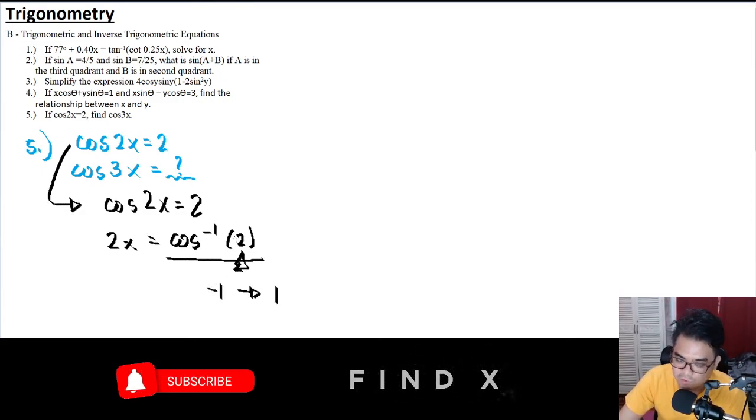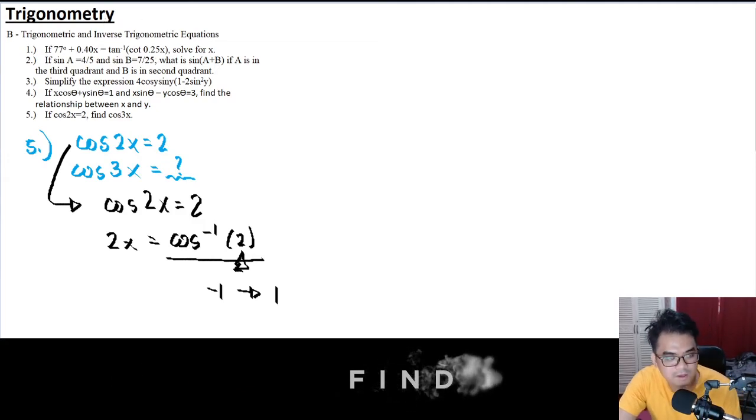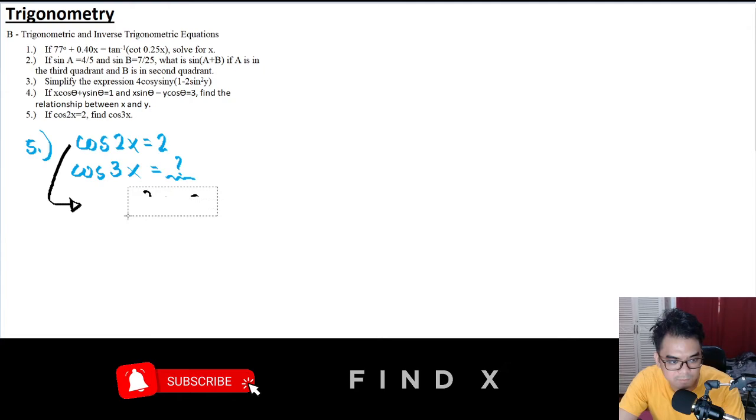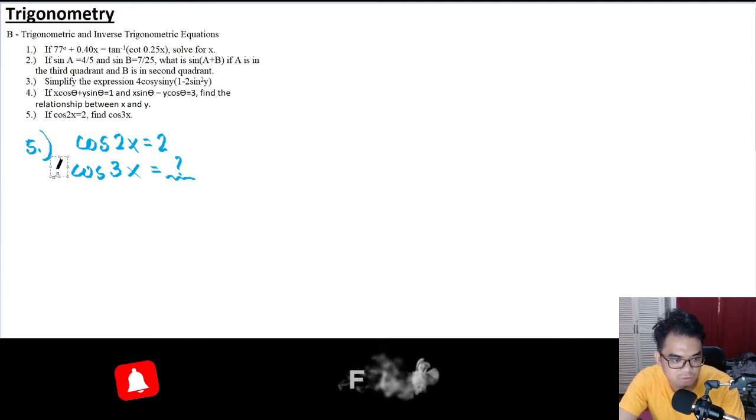But as you can see, this is already 2, so you won't have a value for that. So the solution for this one is that you have to use identities again to be able to answer this.